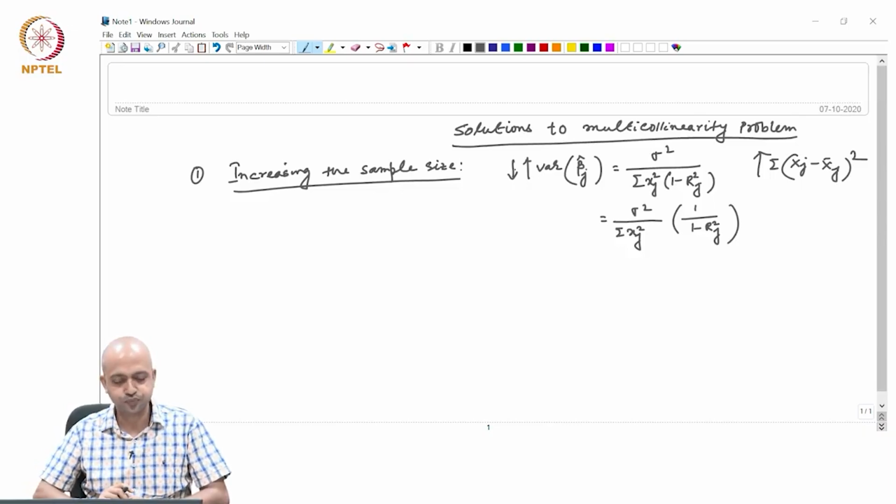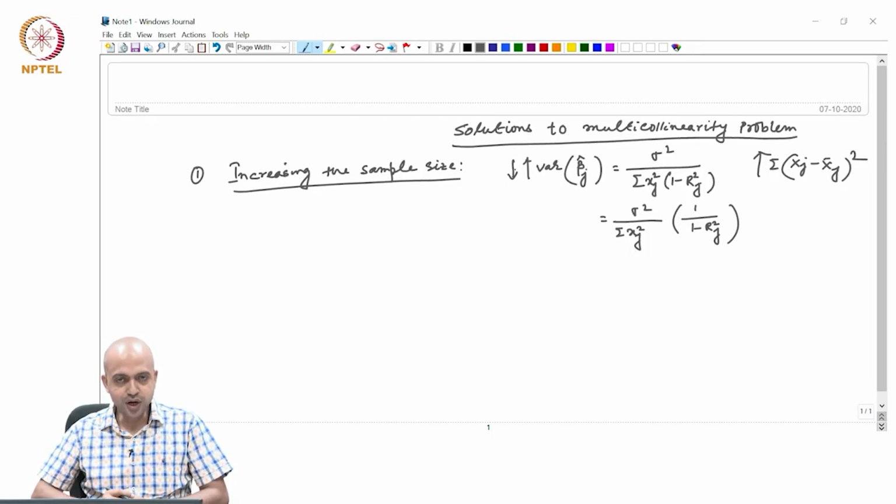The other thing that happens when you increase the sample size, as I told you earlier: suppose you are working on a consumption function, which is a function of income and wealth. What you need in your sample is for the two variables, income and wealth, not to be correlated, because while specifying the model, the theory suggests that in the population these two variables are not correlated.